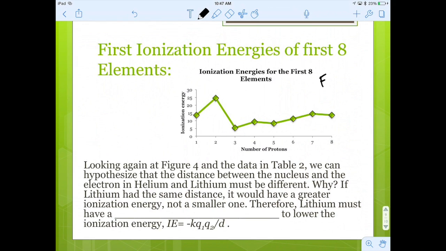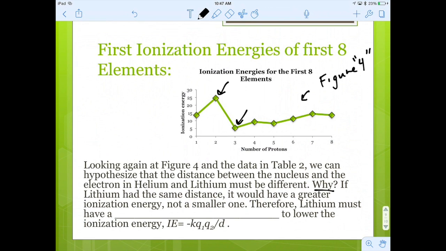Looking again at figure 4, which is this one, repeated again, and the data in table 2, we can hypothesize that the distance between the nucleus and the electron in helium and lithium must be different. Our peak will be helium and our dip will be lithium. But why?